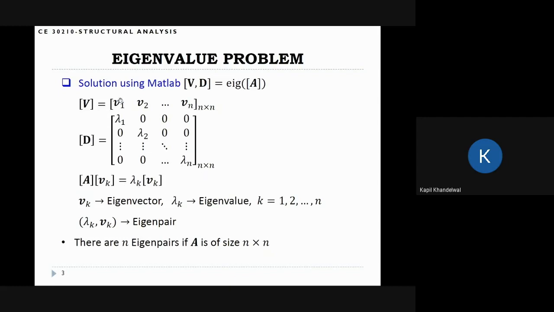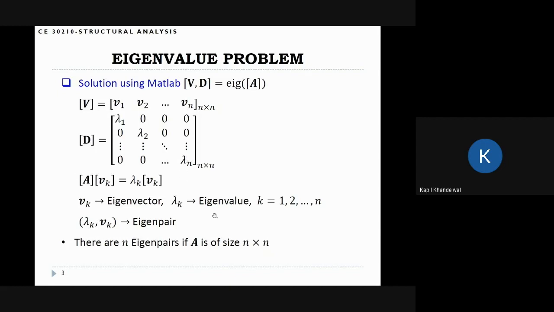Each of these pairs, let's say V1 and lambda 1, V2 and lambda 2, are eigenpairs. For example, we can choose any of them and write A times Vk is equal to lambda k times Vk. This is actually the eigenvalue problem, and these eigenvalues and eigenvectors satisfy the statement of the eigenvalue problem. So this is the solution of the eigenvalue problem.